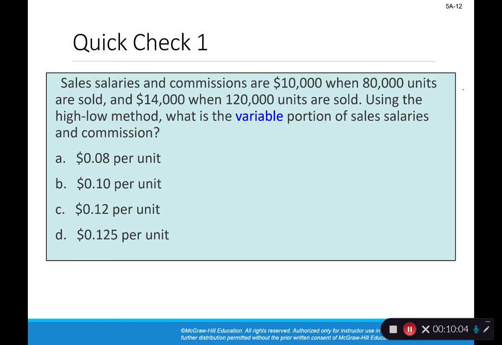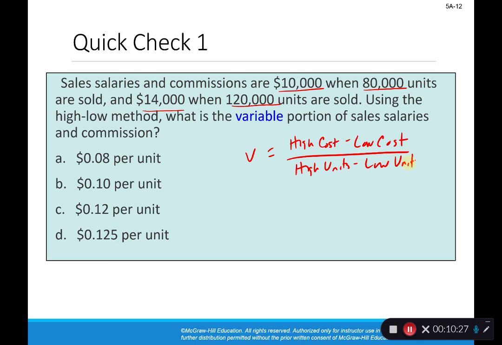So sales salaries and commissions are 10,000 when 80,000 units are sold, 14,000 when 120,000 units are sold. Using high-low, let's figure out the variable portion. So to do the high-low method, V is going to be the high cost minus the low cost over the high units minus the low units. So the high cost is 14,000. The low is 10,000.